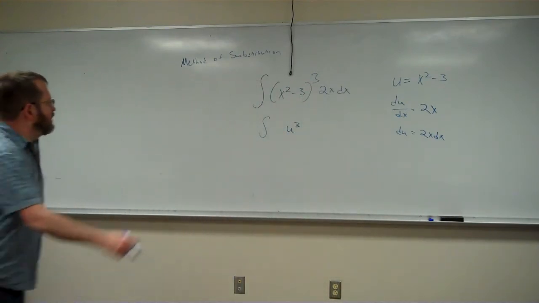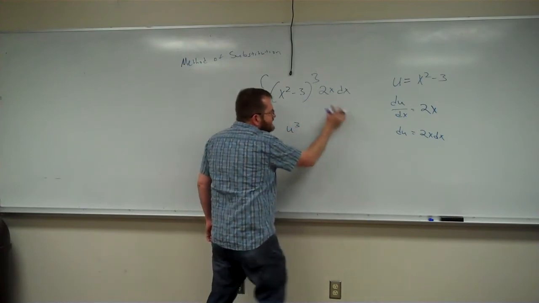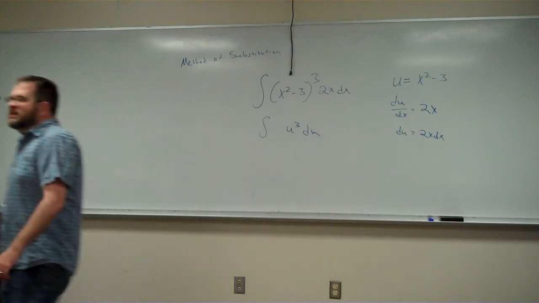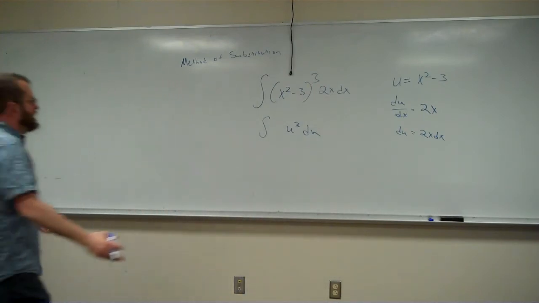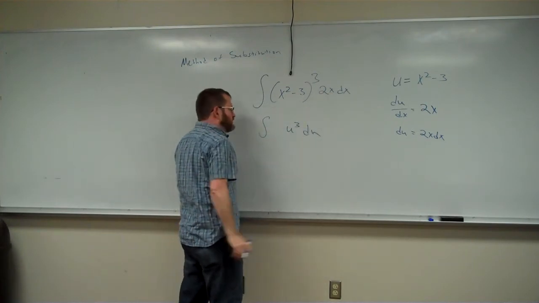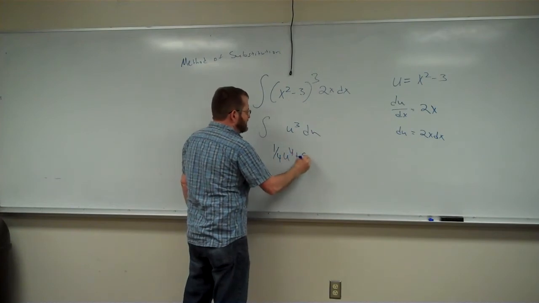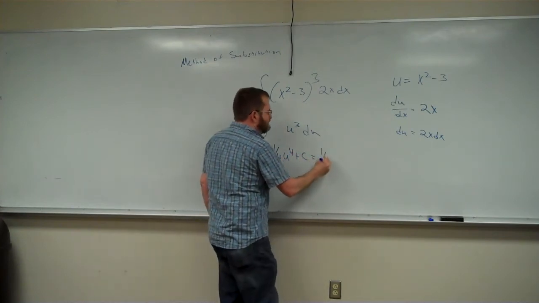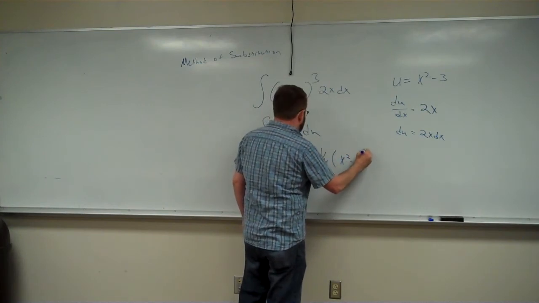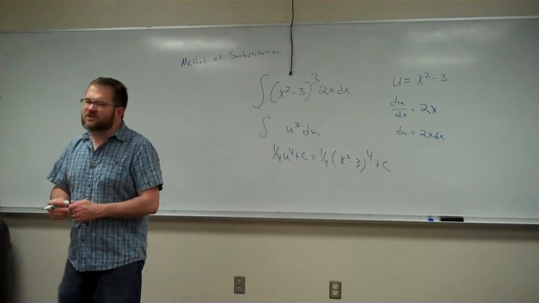And look, that's what was left: u cubed, and we still had this 2x dx, but that's what du is. So we have changed that whole messy integral with respect to x into just u cubed. Well, that's an easy integral. That's just 1/4 u to the 4th power plus some constant, or 1/4 times x squared minus 3 to the 4th power plus c. That's not so bad.